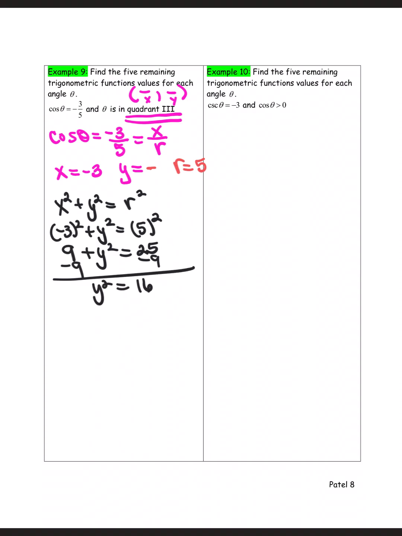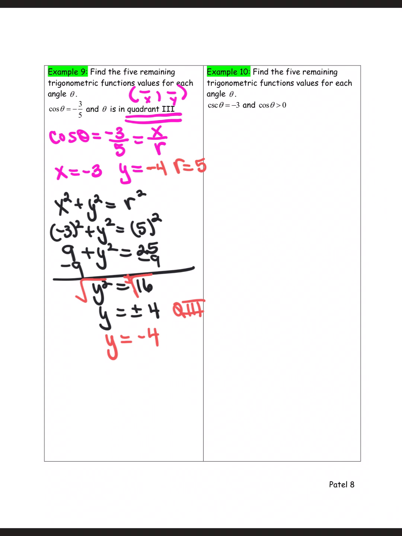When I take the square root of both sides, we have y equals plus or minus 4. And because we're in quadrant 3, we know y is negative 4.